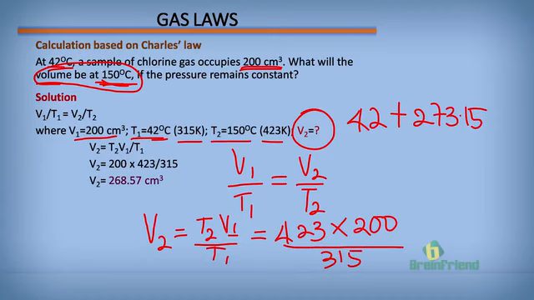So when we do that calculation, we are going to have 268.57 cm³ as our final volume. And as you can see, we went from V1, 200, to V2, 268.57. So we see that when we increase temperature, the volume also increased.